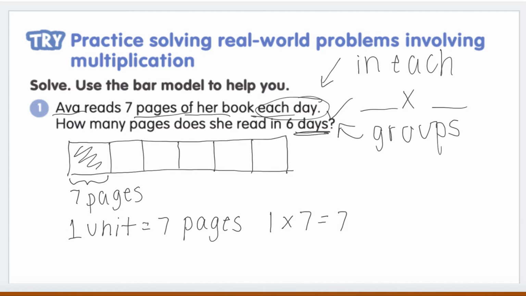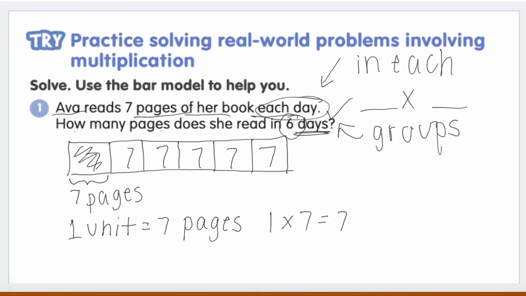Now, looking at my question, which I didn't even peek at too closely yet, how many pages does she read in 6 days? Well, I already know in one day or in one unit, she's reading 7 pages. That means in all the other days, she is also reading 7 pages.